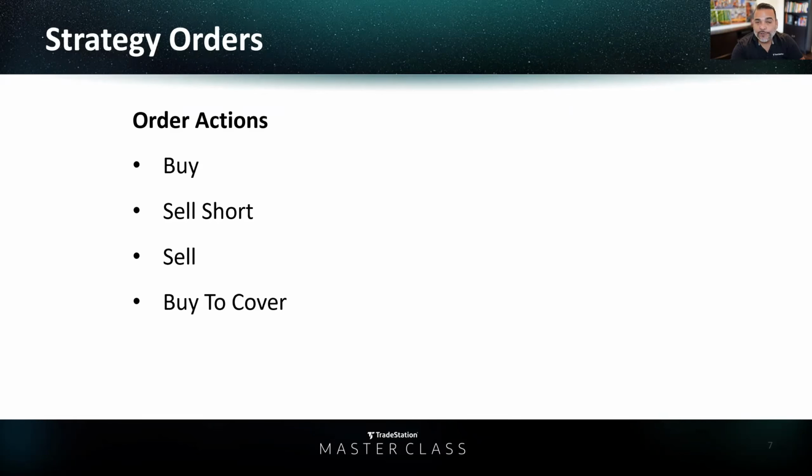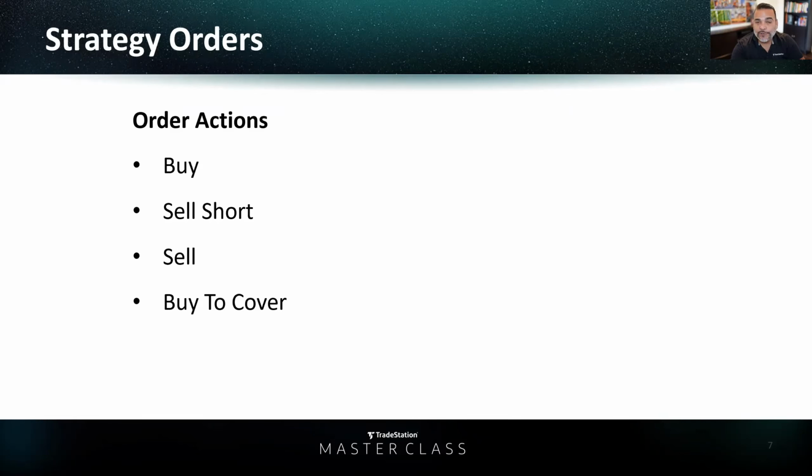Trading styles, of course, we have day trading. We talked about this a little bit. If you're running a strategy on an intraday chart, 1 minute, 5 minute, the likelihood of your strategy entering a trade is greater than if you were trading that strategy on a daily chart. I'm not sure if you guys are aware of this, but a strategy that you put on a TradeStation chart is calculated on the close of the bar, once on the close of the bar.